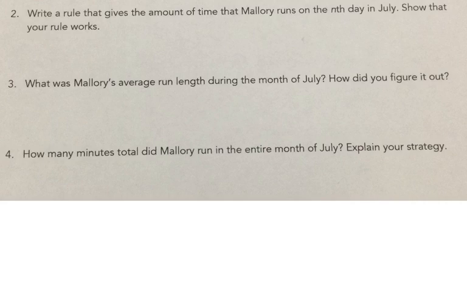That gives you the amount of time that Mallory runs on the nth day in July. Show that your rule works. So think about it. Again, I don't want to just ruin it. See if you can figure out an equation.